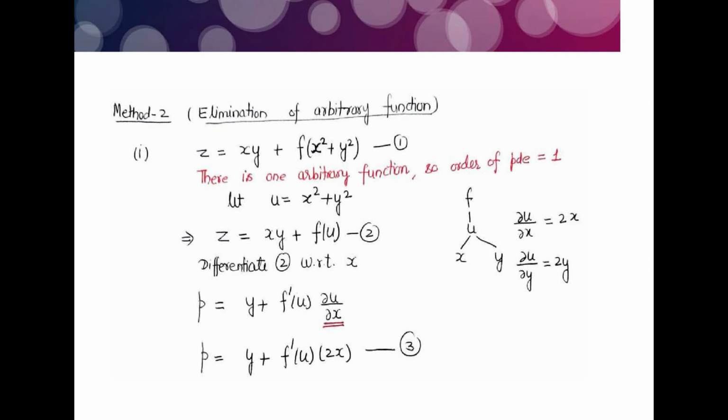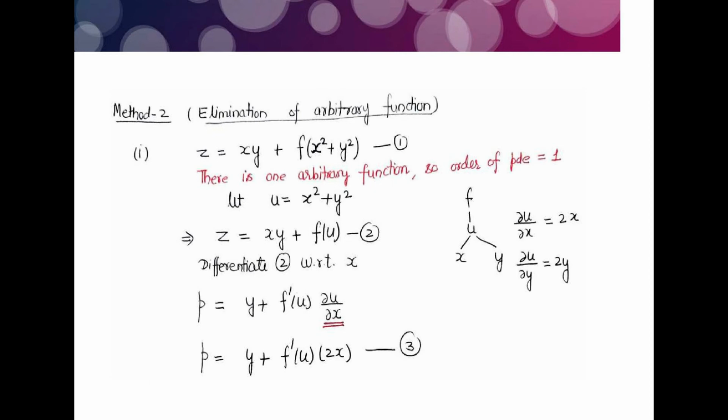Here f is an arbitrary function and z is a function of two independent variables x and y. As there is only one arbitrary function, the order of the partial differential equation will be 1.